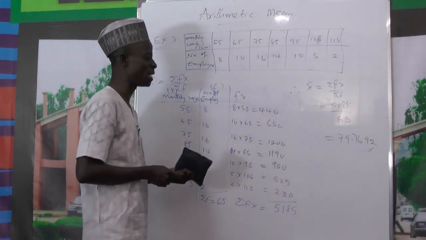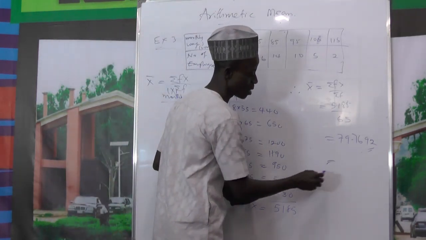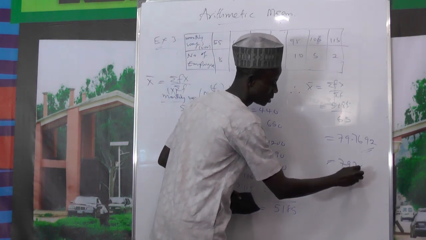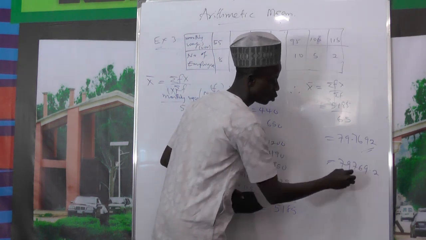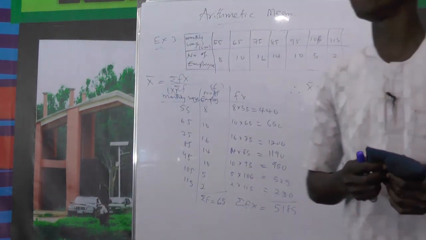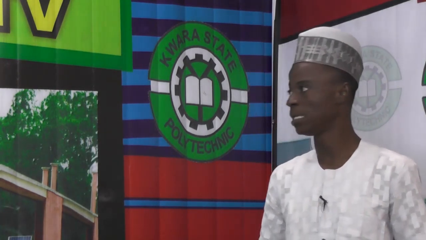If you multiply it by 1,000, since we are talking about per thousand, our result is going to be 79,692. So the monthly salary of those people that are working in the computer company is expected to be 79,692.